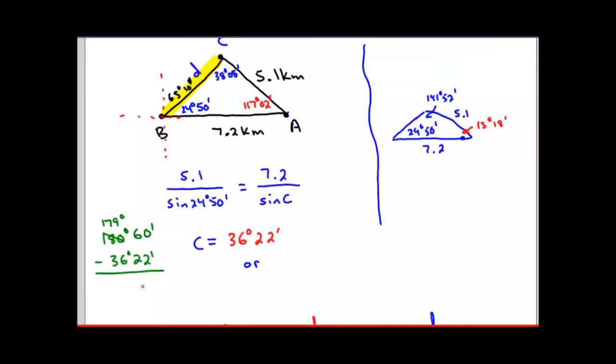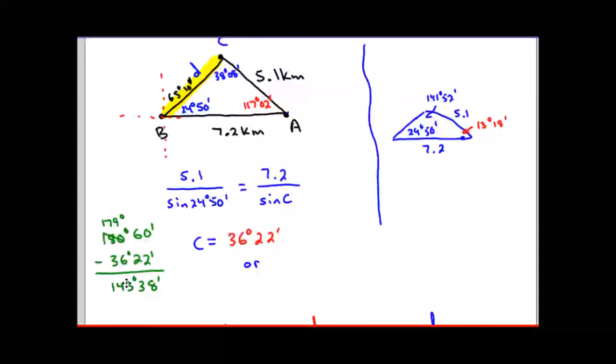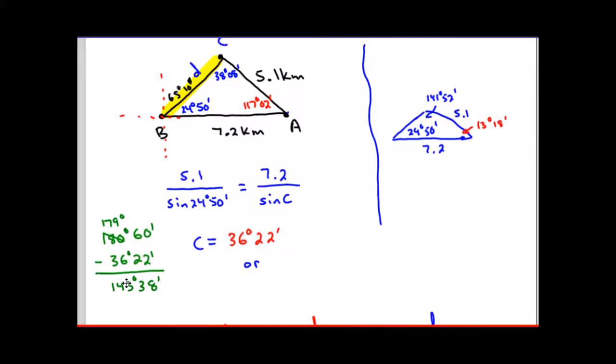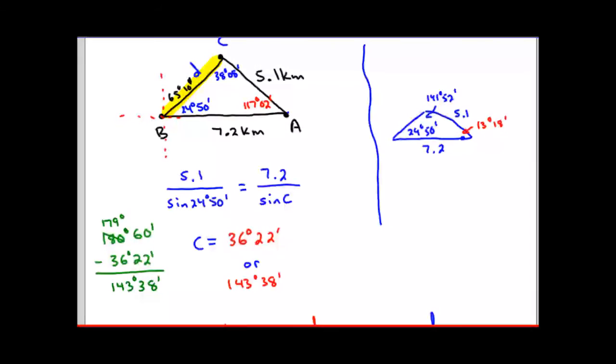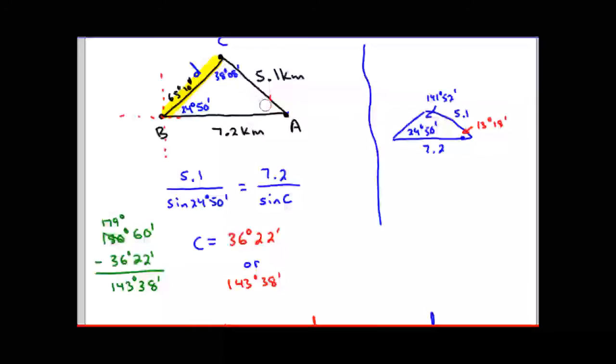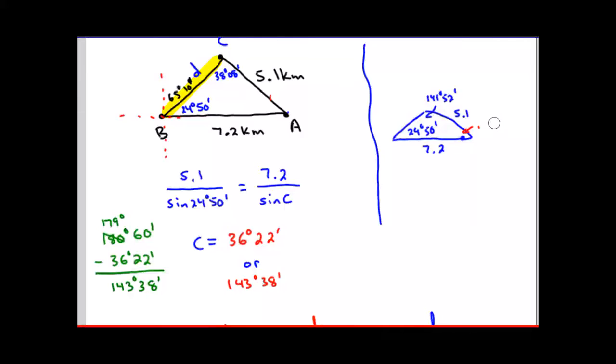Then 60 minus 22 would give me 38 minutes. Then 179 minus 36 would give me 143 degrees, 38 minutes. So that would be the other angle, 143 degrees, 38 minutes, which is going to change these angles in here.